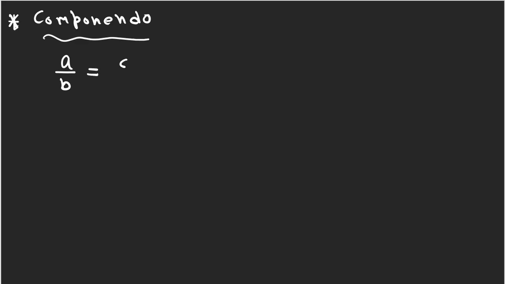We would like to discuss one more theory here, that is called componendo dividendo. Componendo. This is called componendo. So suppose that we have a proportion A by B is equal to C by D. Suppose that we add 1 to both sides. So we'll get A by B plus 1 is equal to C by D plus 1.